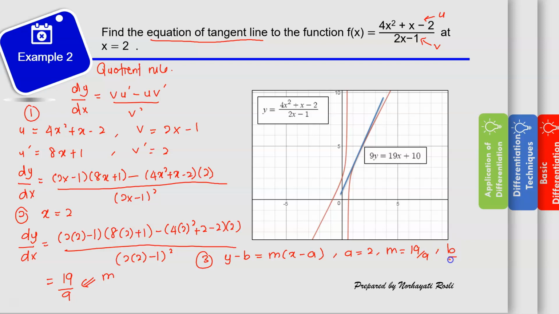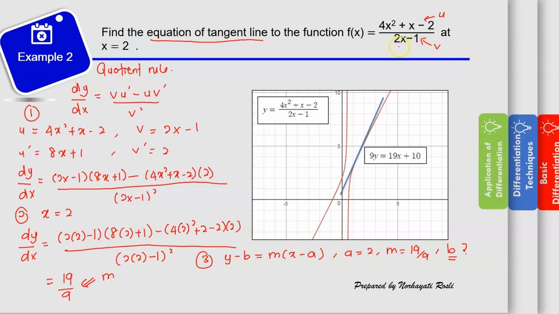But for this b, how to get this b? This b actually is the y value at x equal to 2. Remember, it is the y value at x equal to 2. So we have originally this one is our function from the question.